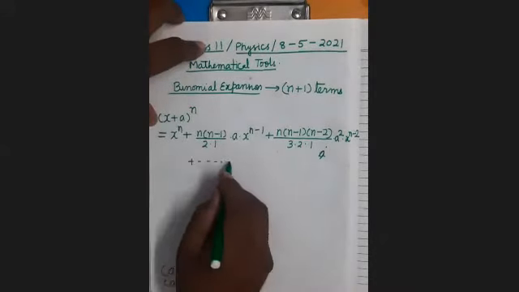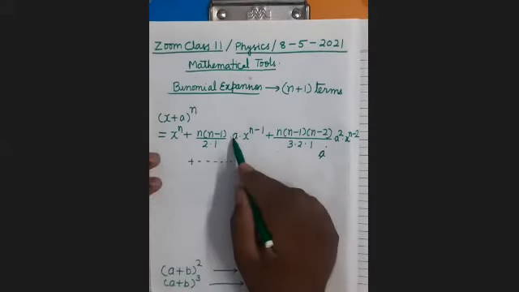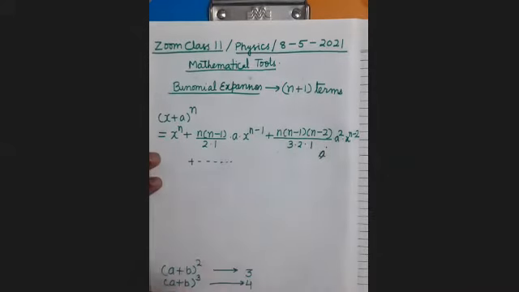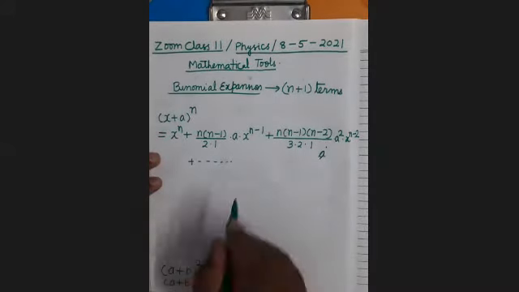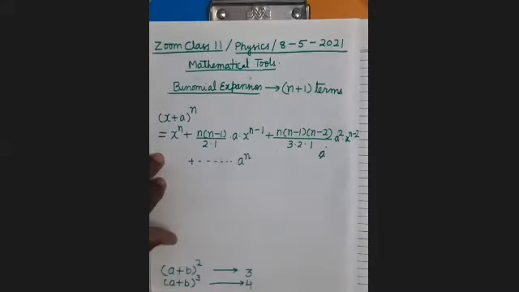Here you will find that the power of a will increase while the power of x will decrease. It will end with a^n. There will be this many terms.